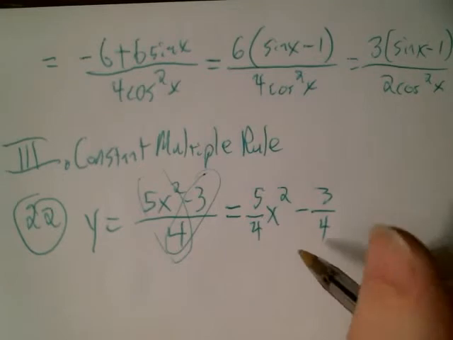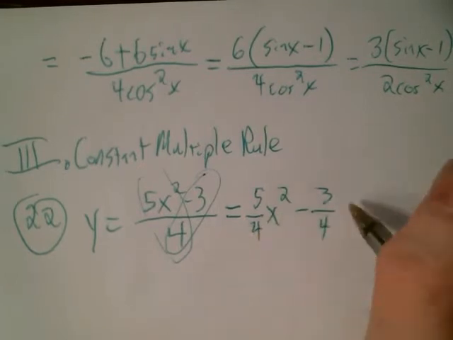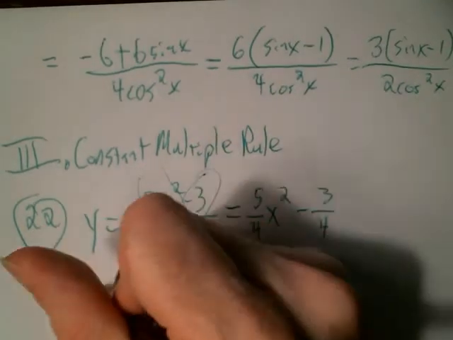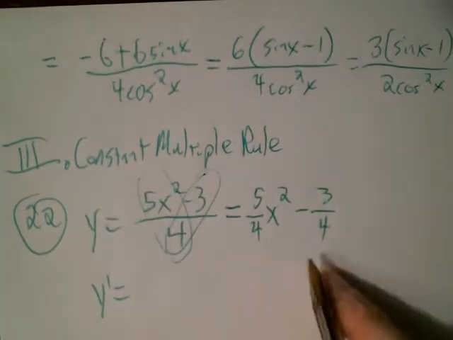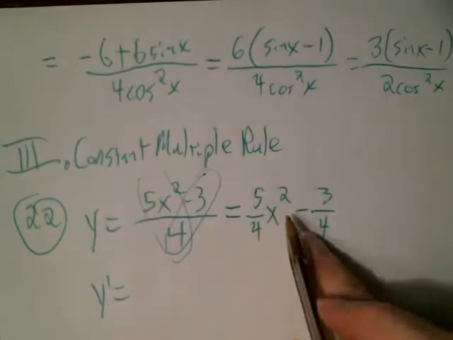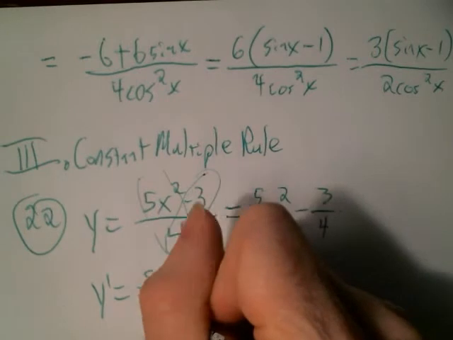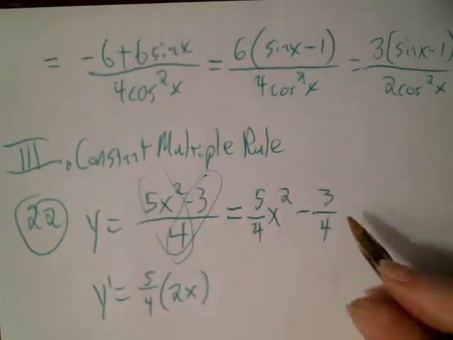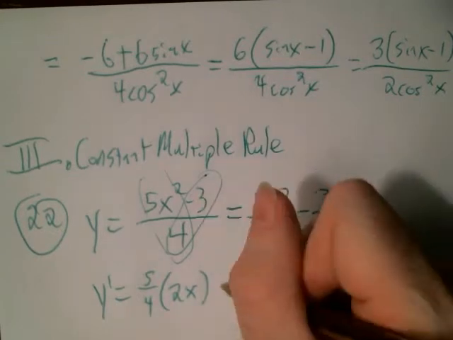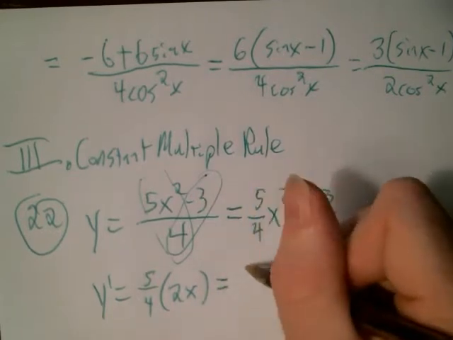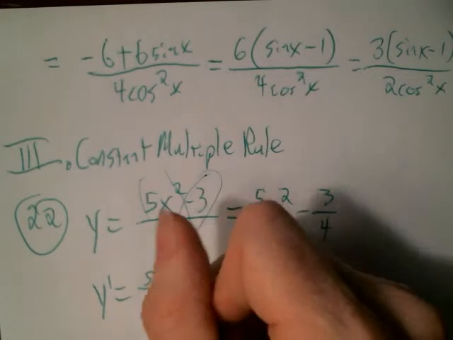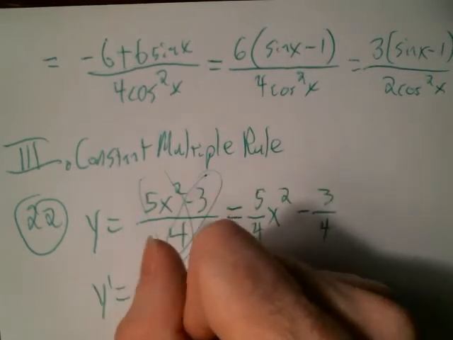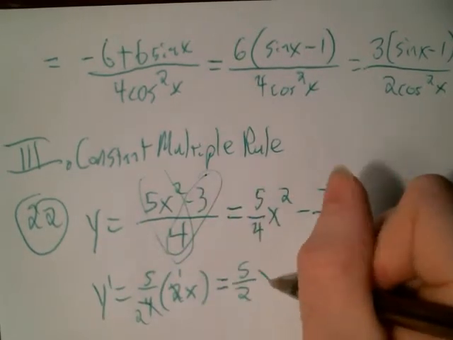And then you're going to do a power rule, and the derivative of that guy is just 0. So y prime is, bring down the 2, so you have 5 fourths times 2x to the first, and then the derivative of 3 fourths is 0. So you'd end up with 5 halves x.